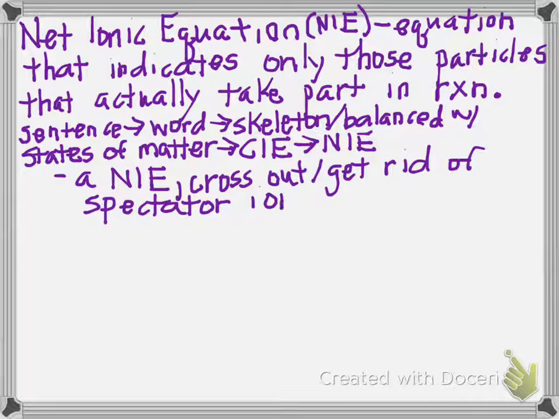Remember, our spectator ions were the ions that were in exactly the same state of matter and kind of symbol, if you will. So they had to be the same symbol, the same charge, the same state of matter. And if they were the same on both sides of the arrow, then we said that they were a spectator ion. The other thing about a net ionic equation is that its overall charge must balance.